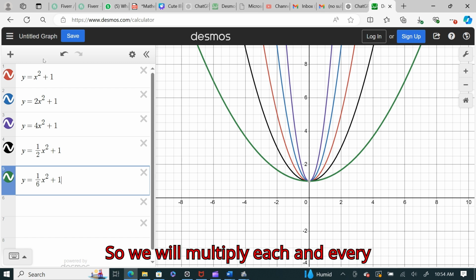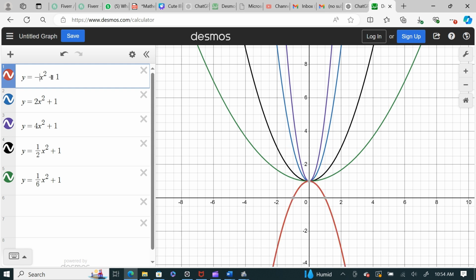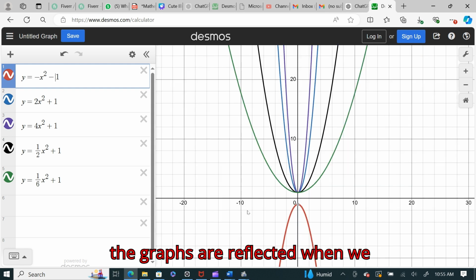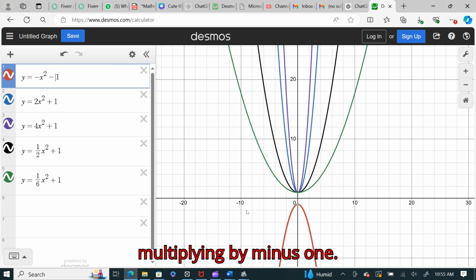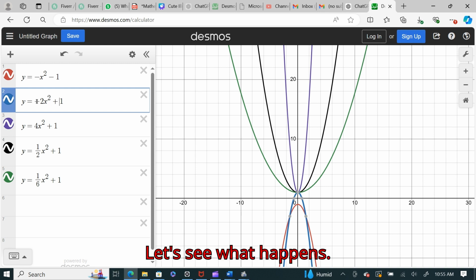So we will multiply each and every equation by -1. Sorry, the graphs are reflected when we multiply by -1. The second equation is multiplied by -1. Let's see what happens.